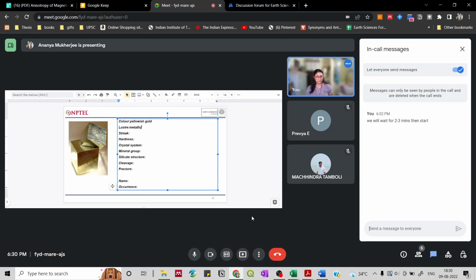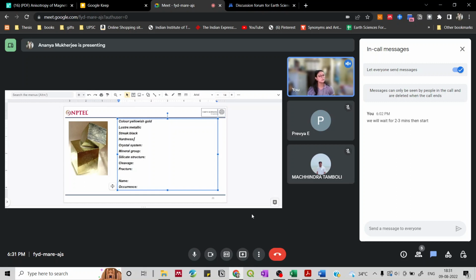Okay. The streak. Now this looks yellowish golden, but this is not exactly. When you draw the streak for this, it will not appear yellow. Okay, it will appear black. Now this is due to its mineral composition, which I will tell later on.